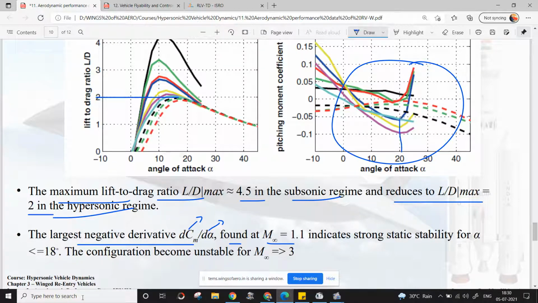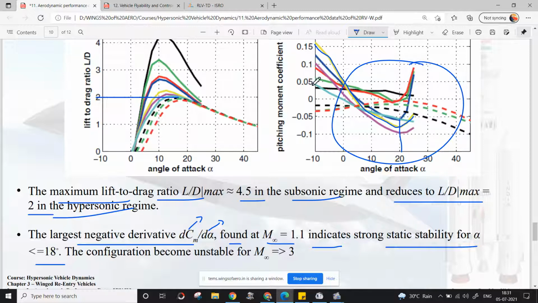For less than 18-degree angle of attack, it indicates strong static stability. Just have a look at the yellow curve.